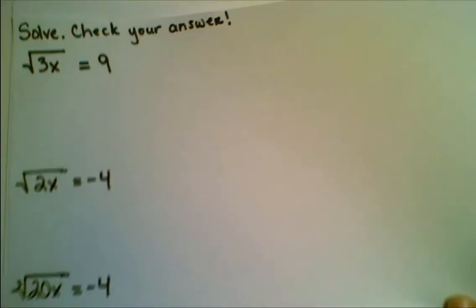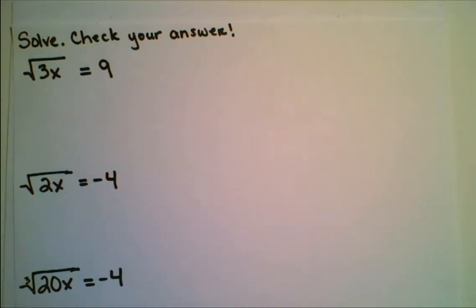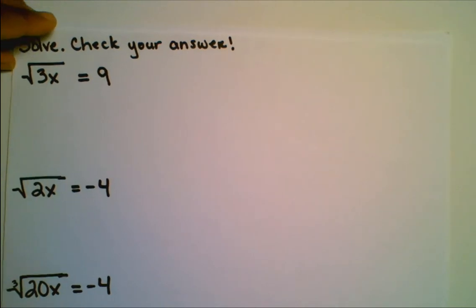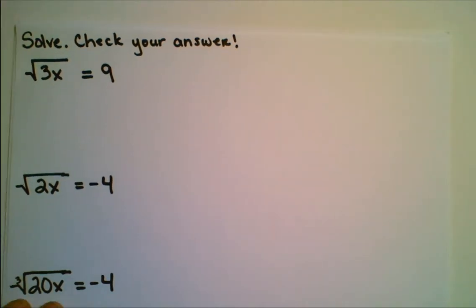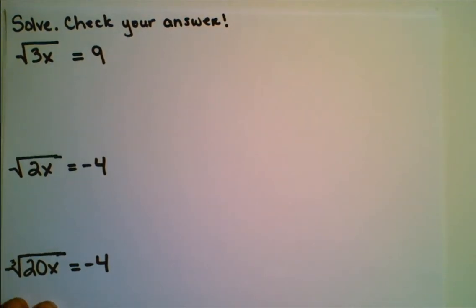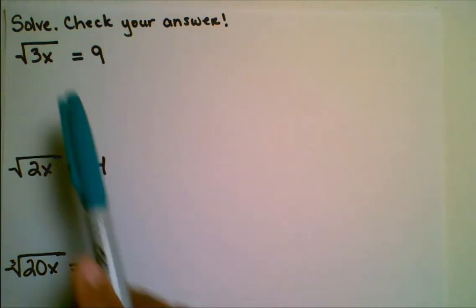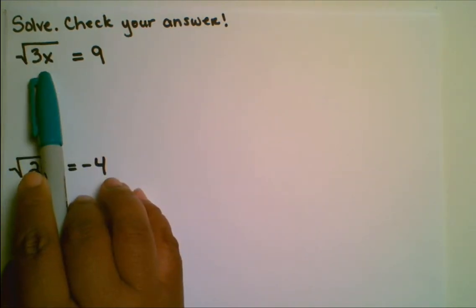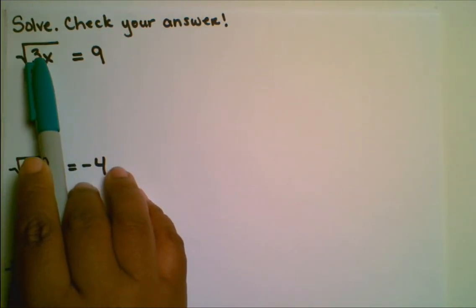So let's take a look at these examples that I have listed here. We have the square root of 3x is equal to 9, and we want to solve for x. Well, to solve for x, number one, is the square root by itself on one side? Yes, it is. That's what we want.